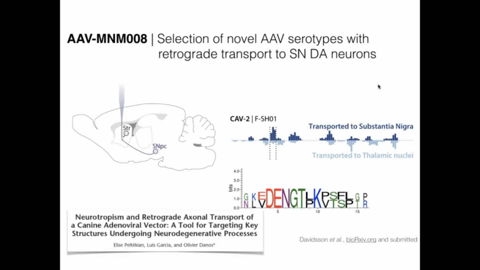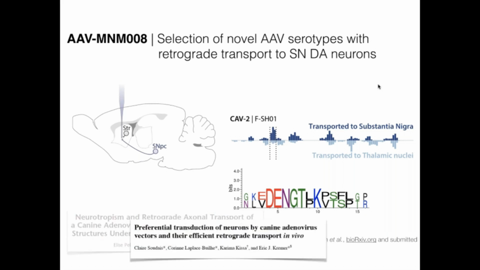This virus has previously been shown to have retrograde transport and to be able to transduce dopaminergic neurons. And when we take just one peptide from this canine adenovirus and put it in an AAV, it behaves the same way.